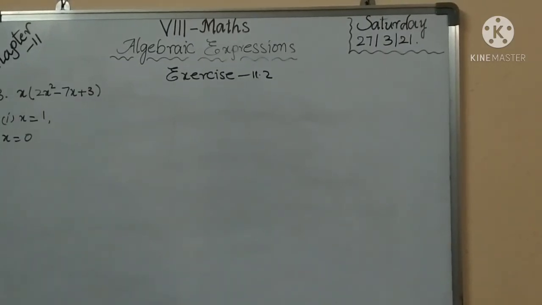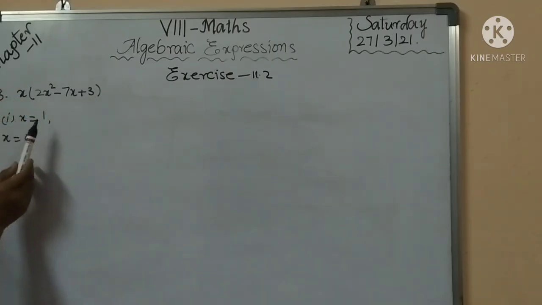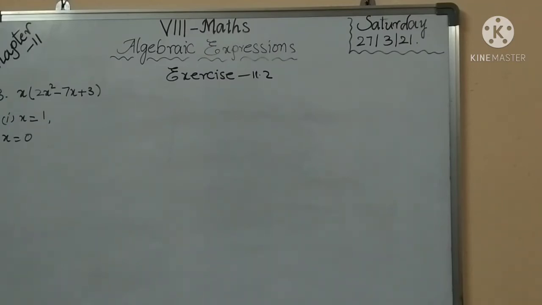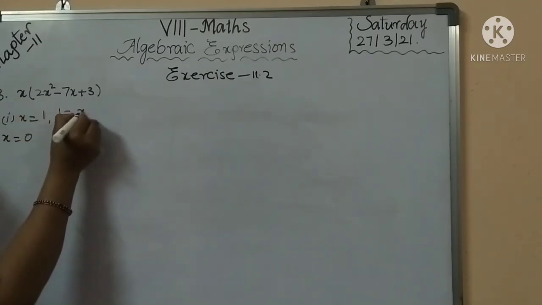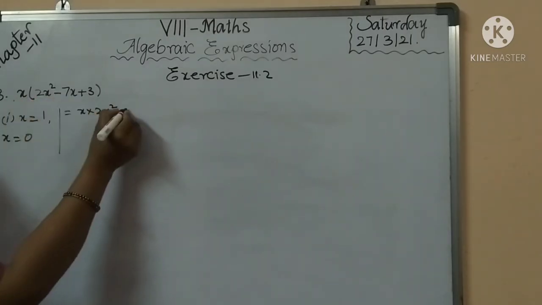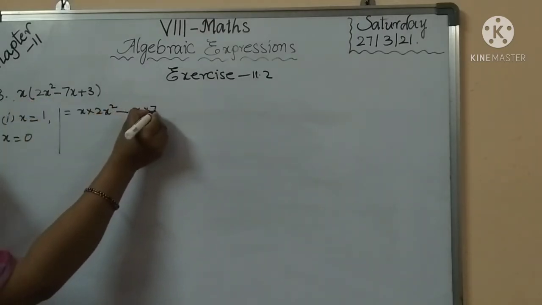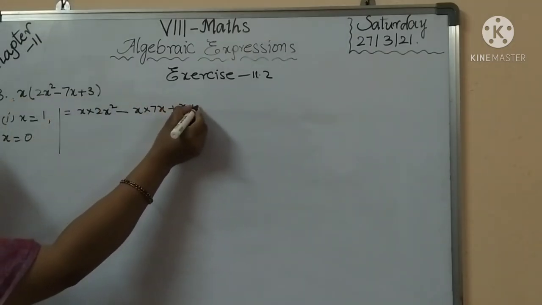Next, third problem, exercise 11.2, third problem: x into 2x square minus 7x plus 3, first for x equal to 1 and second for x equal to 0. First, simplify x into 2x square minus 7x plus 3. So observe: x into 2x square, minus x into 7x, plus x into 3.